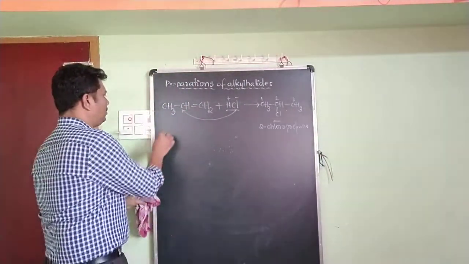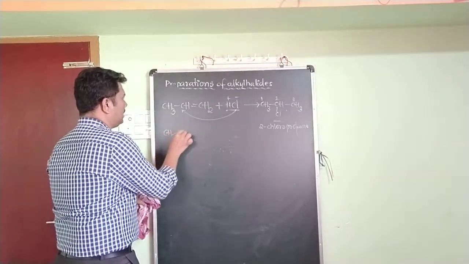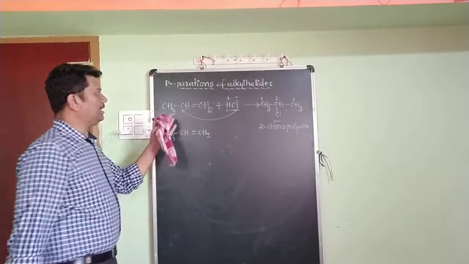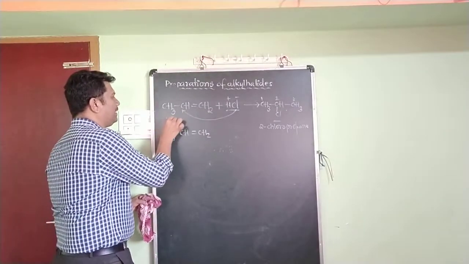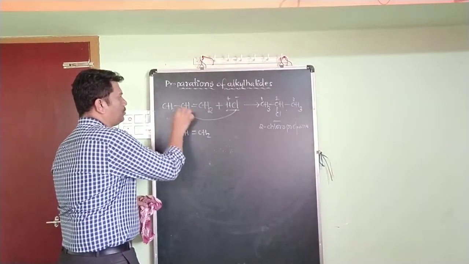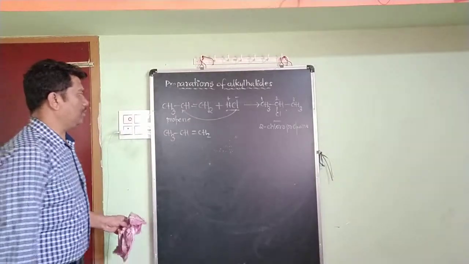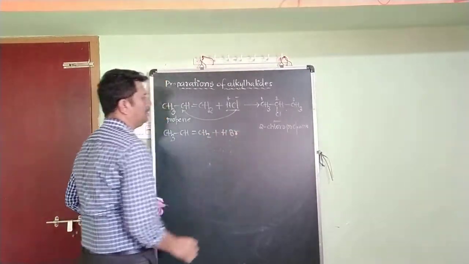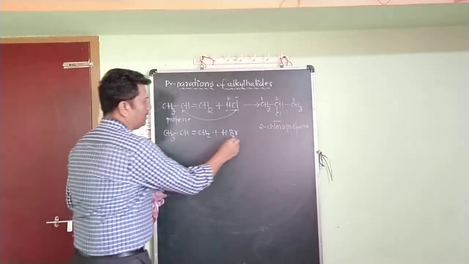Okay, I'll take one more example. CH3CH double bond CH2. This is an alkene and the name of the alkene is propene. 3 carbon atoms are there. Now I'll add HBr. So this one is the negative part.